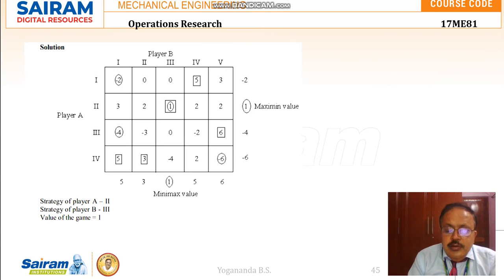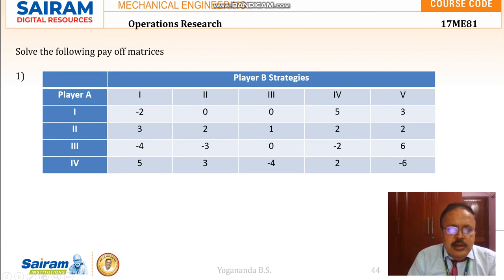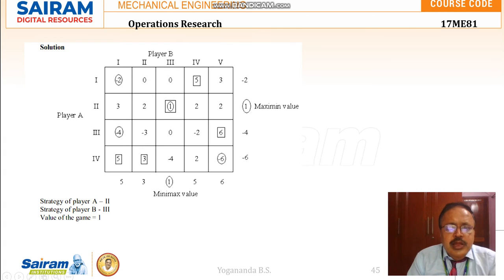Now we have to take the minimum score in each row. In the first row, the minimum score out of these payoffs is -2. Second row, the least score is 1. In the third row, the least score is -4.